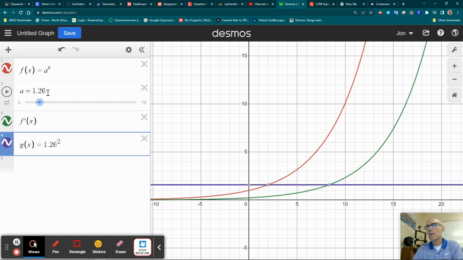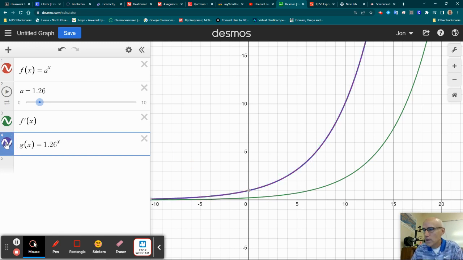Okay, well, wait a minute, not to the squared power, to the x power. You can see that the purple one is on top of the red function. The red function is the original function, and the purple one is supposed to be the derivative down here. It's definitely not the derivative because it's on the red function. We want it to land on the green function down here.